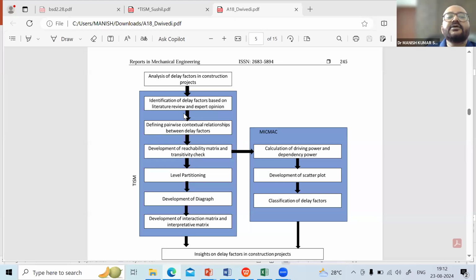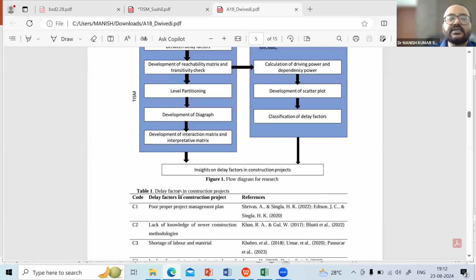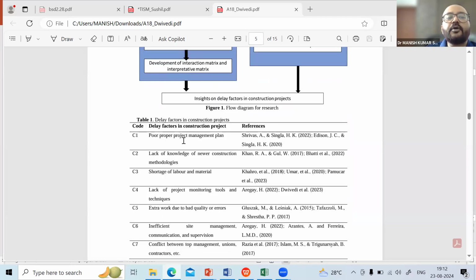But basically, what is the next thing? You have to define pair-wise conceptual relationship between delay factors. So C1, pair-wise conceptual relation means whether C1 is influencing C2. C1 is, in this case, poor proper project management plan.